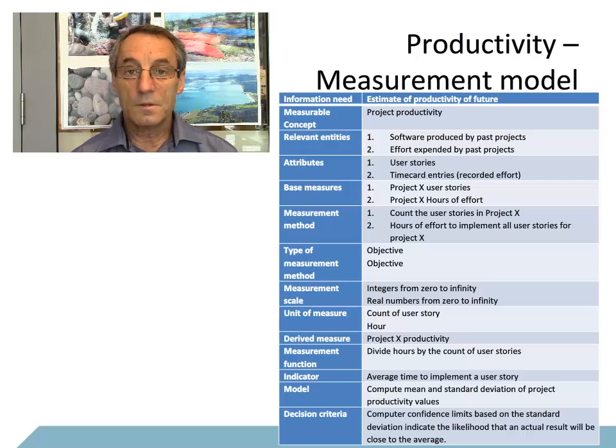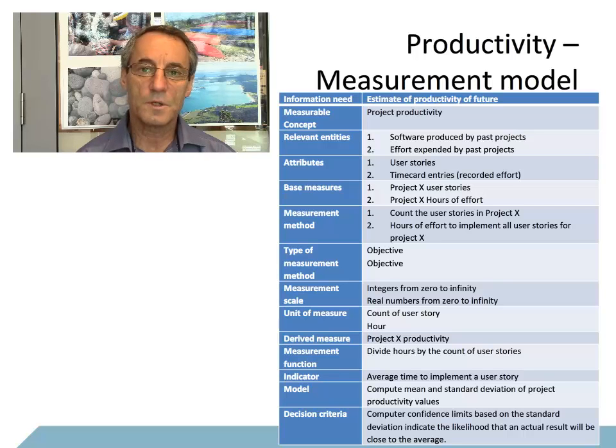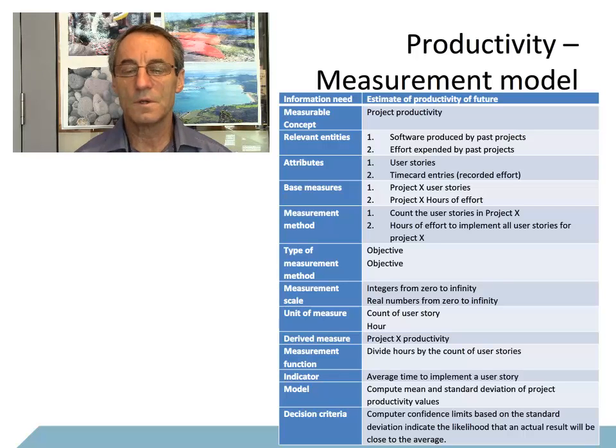The measurement method, in this case, is fairly simple. We simply count the user stories in project X, and we count the hours in project X as well. The type of measurement method is very objective, so we're not dealing with some sort of process assessment, which is a mapping of expert opinion onto some sort of scale.